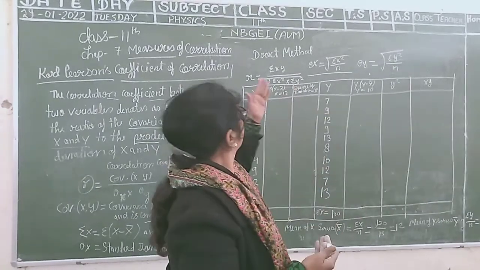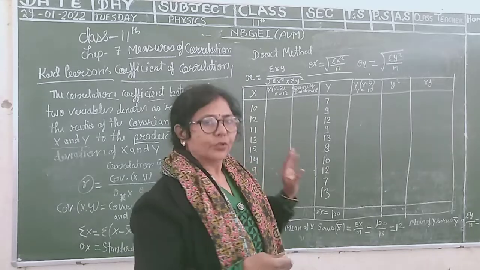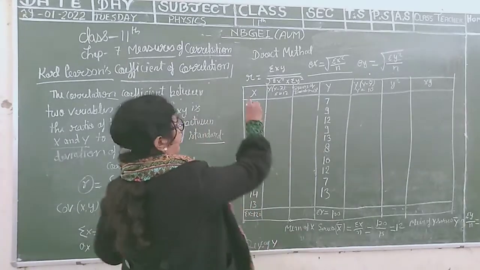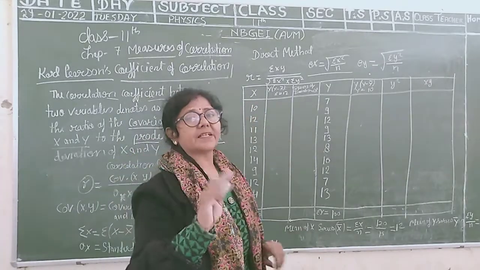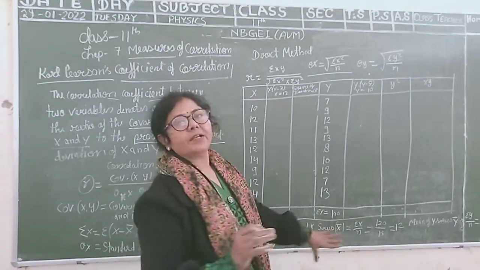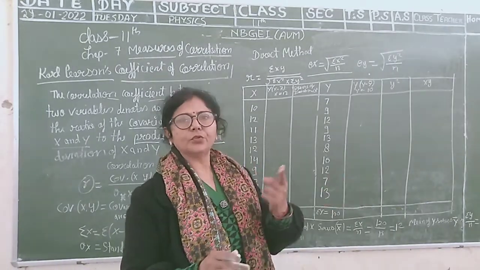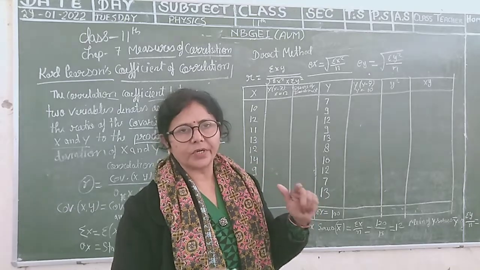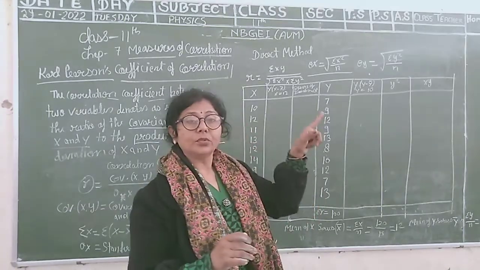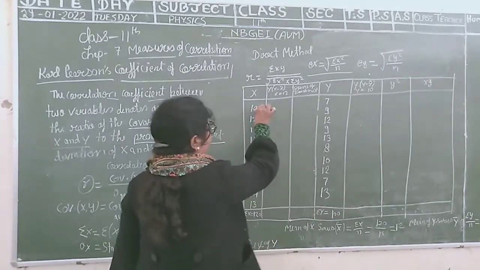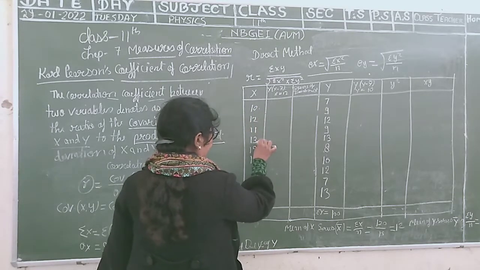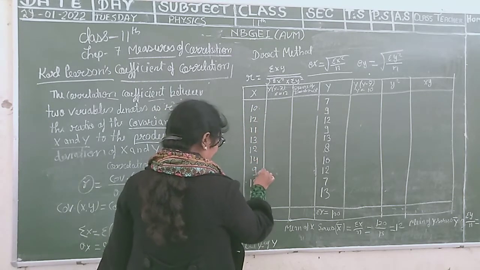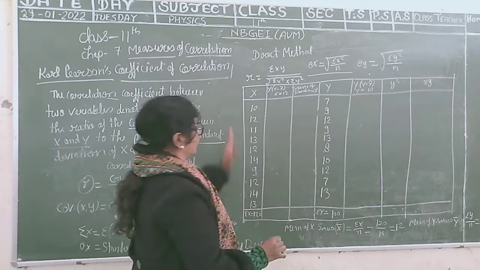Now students, today we are going to learn the process and method of finding correlation. I will illustrate, given x and y, how to calculate correlation through the deviation method. Here the x values are given: 10, 12, 11, 13, 12, 14, 9, 12, 14, 13.